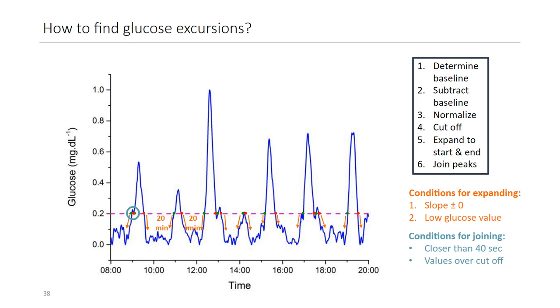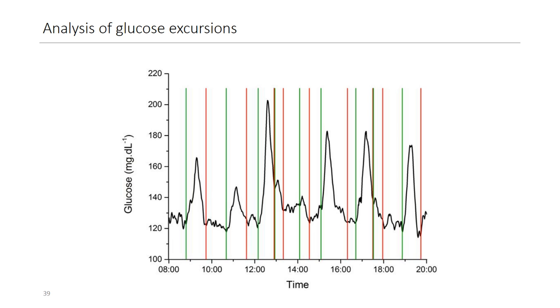And therefore, we also decided to join glucose excursions on 2 conditions: that the end point of the first glucose excursion and the starting point of the second one is closer than 40 seconds, and that all the values between those 2 points are over the cutoff. And then you get this as a result, where every green line is the start of a glucose excursion and every red line is the end of a glucose excursion.